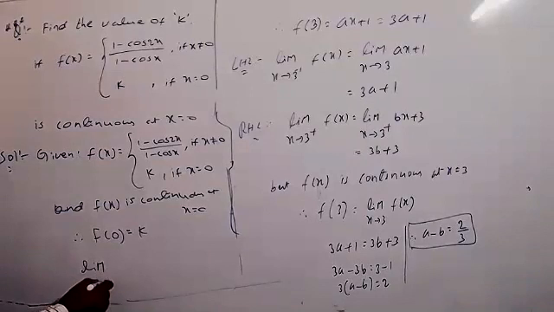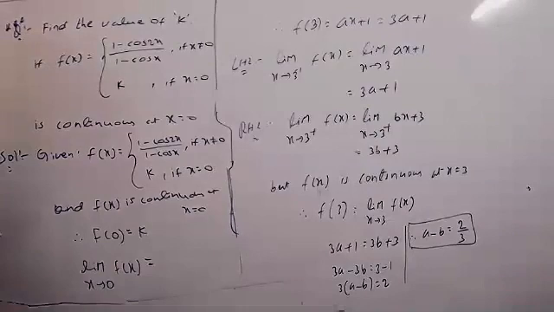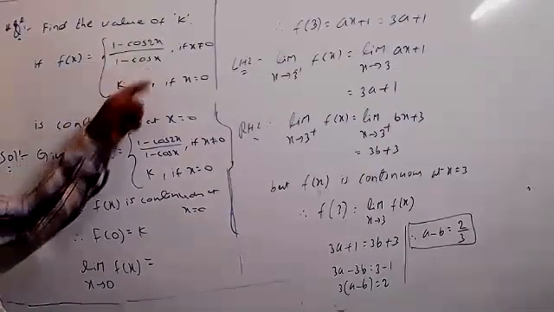And find the limit also. Limit x tends to 0, f of x equals (1 minus cos 2x) by (1 minus cos x).